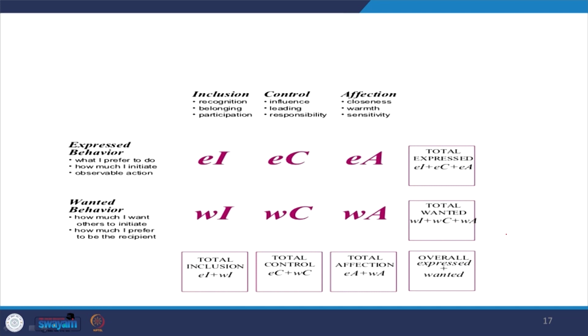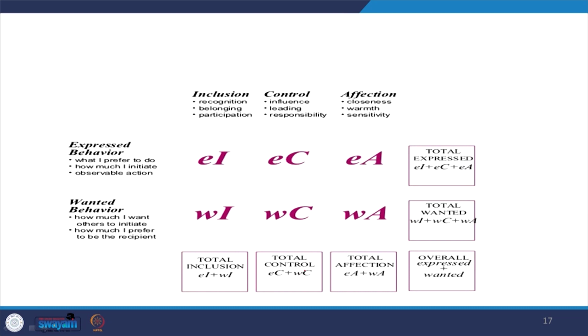In these dimensions, we find the total inclusion is EI plus WI. So, how much total inclusion the person has, that is expressed inclusion and wanted inclusion. Similarly, it is applicable to control, expressed control and wanted control.